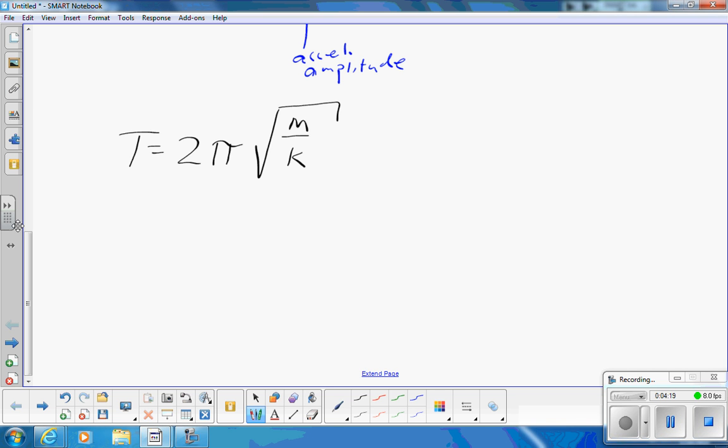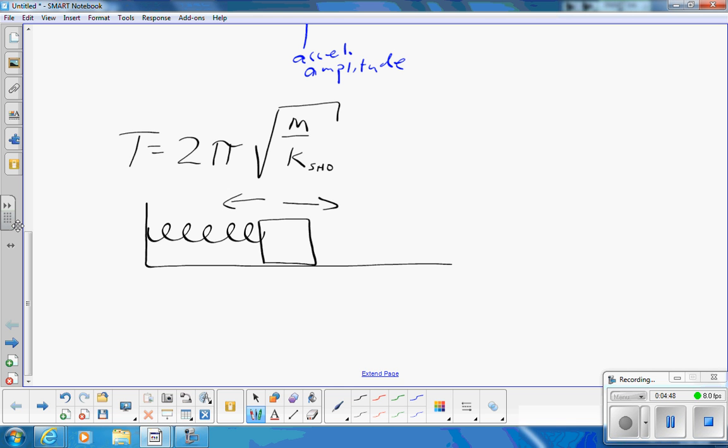This k, we said today in class, is the proportionality constant between the amount of displacement of an oscillator and the restoring force on it. We emphasized today that it's not always the spring constant. It can be the spring constant if your oscillator is set up so that the only restoring force is a spring force. So if you have a block on a frictionless surface with a horizontal spring, oscillating back and forth, the spring would have to be able to both compress and stretch from its unstretched position.